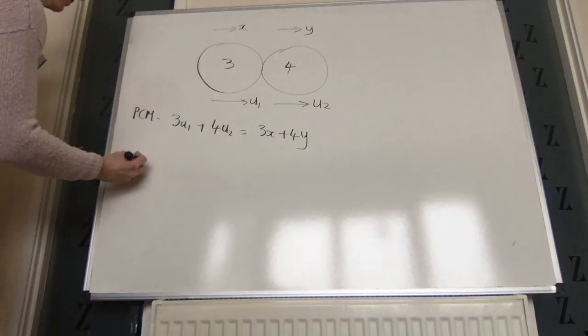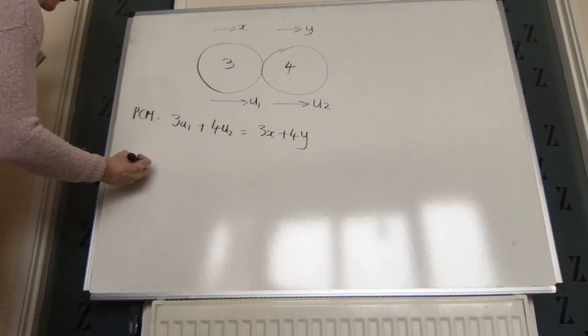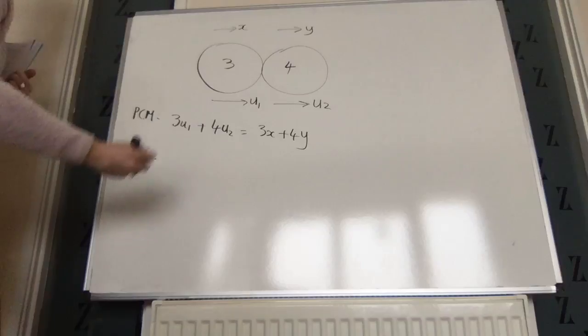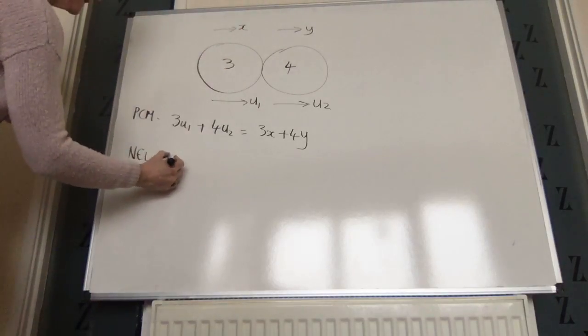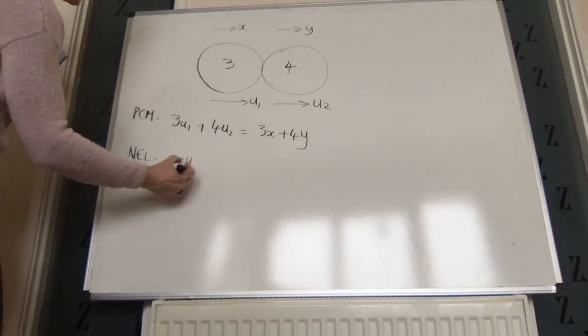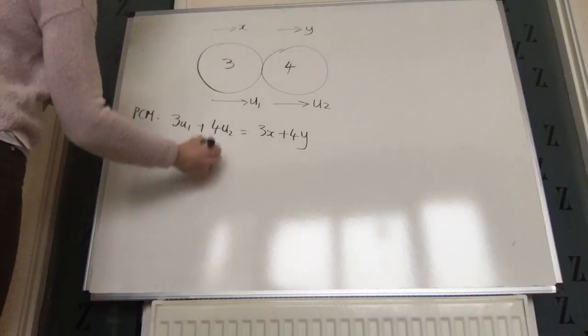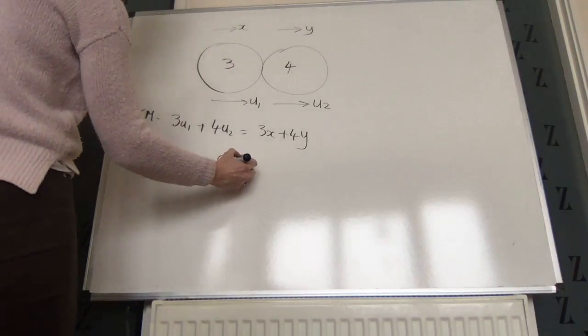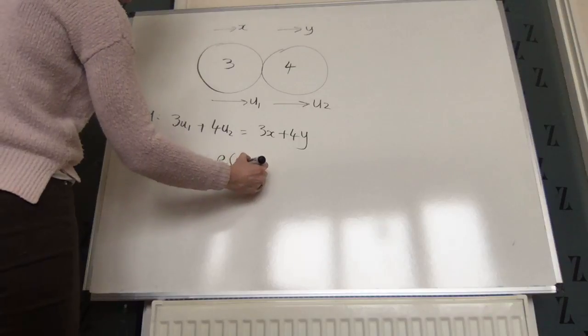And we're also going to use Newton's experimental law, which states that x minus y, the difference in velocity afterwards, is equal to minus e times the difference in velocity beforehand.